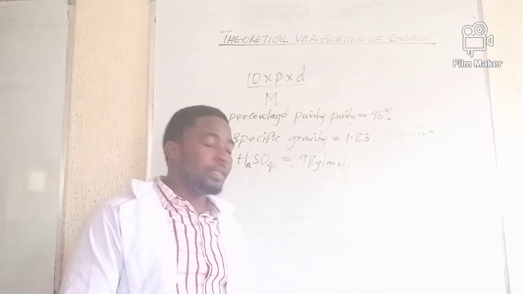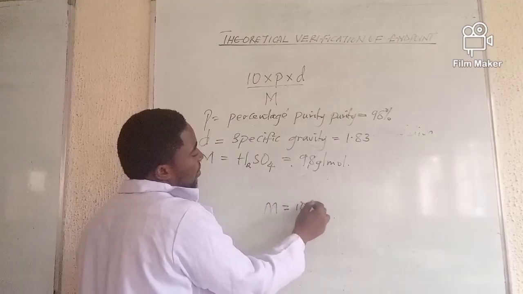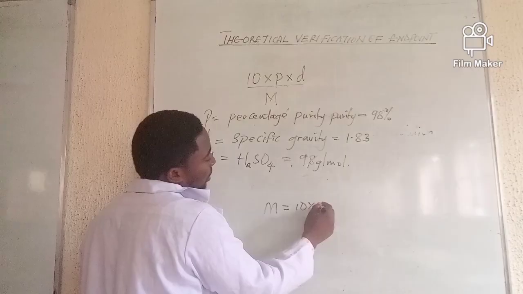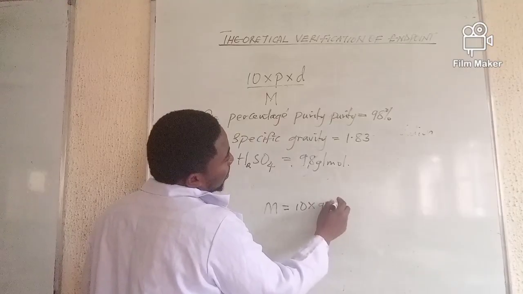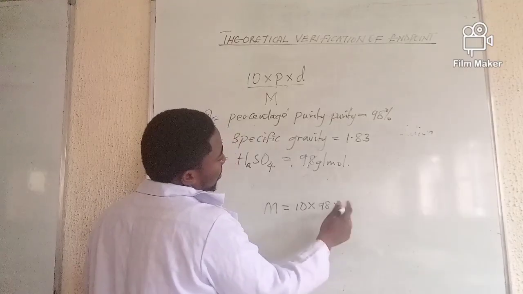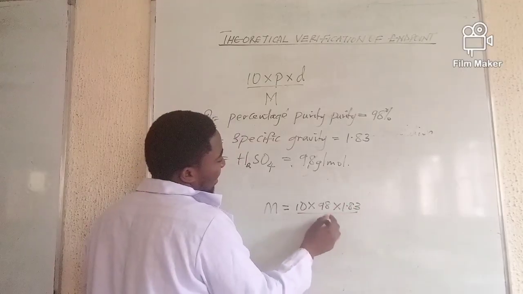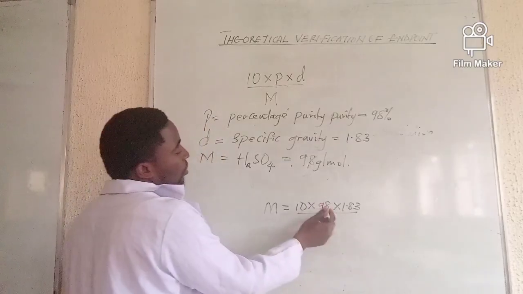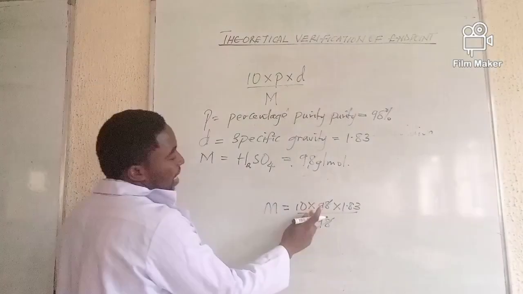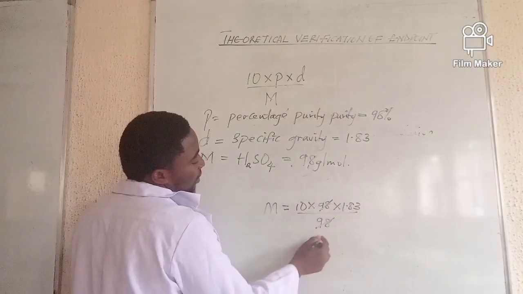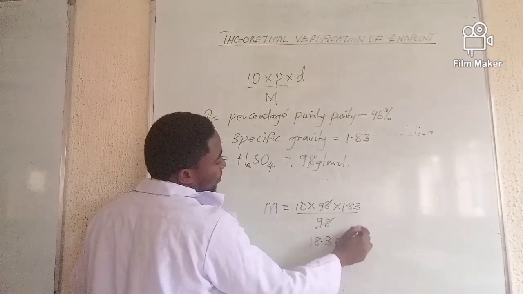The molarity is 10 times 98 times 1.83 divided by 98. Of course, you have 98 up and 98 down, you can cancel that out, and you're left with 10 times 1.83, which gives about 18.3 moles per dm cube.